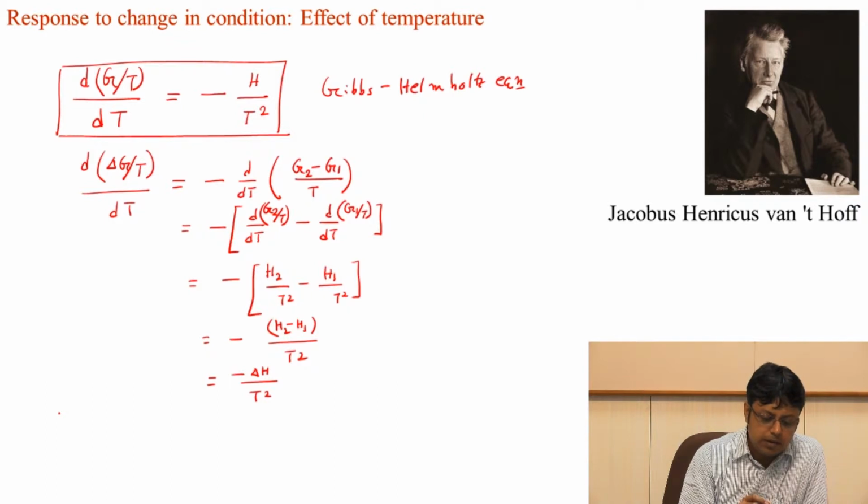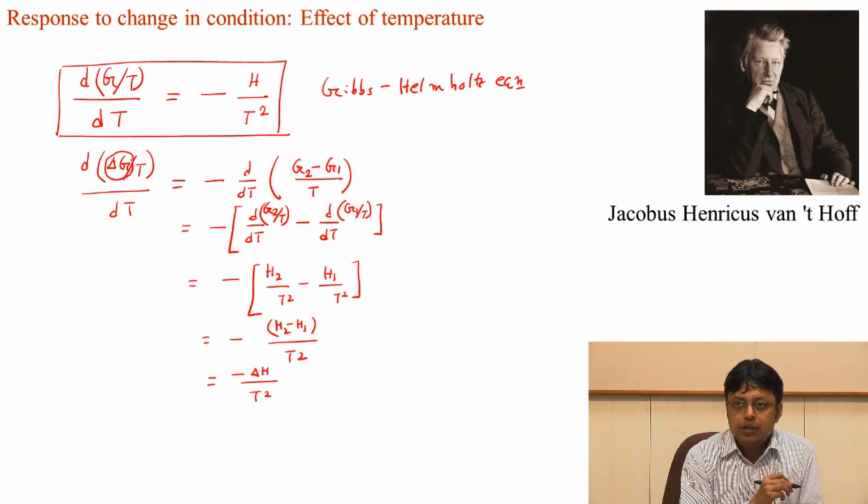Now remember this is basically the Gibbs-Helmholtz relation, but the question is how do you connect it to the equilibrium constant. It is very obvious because we have a delta G here.